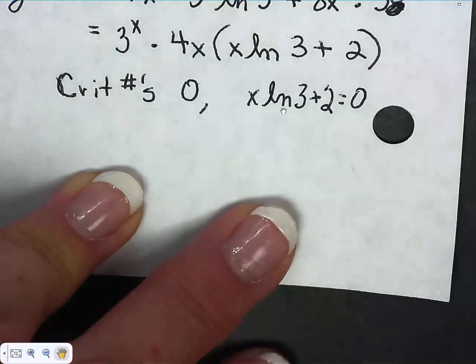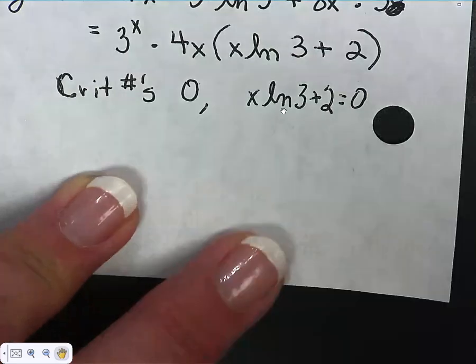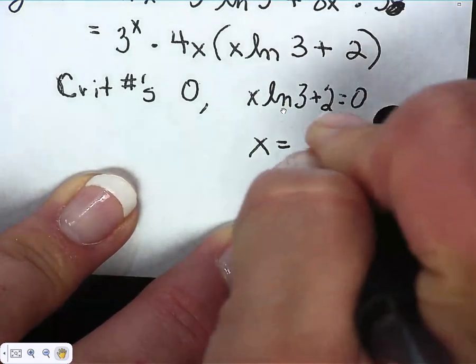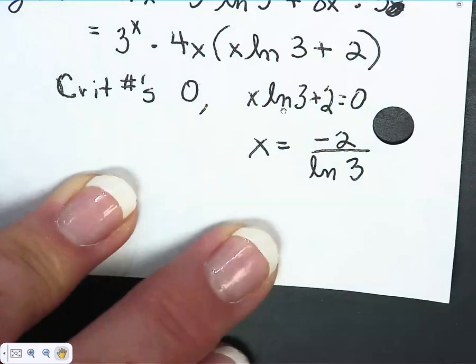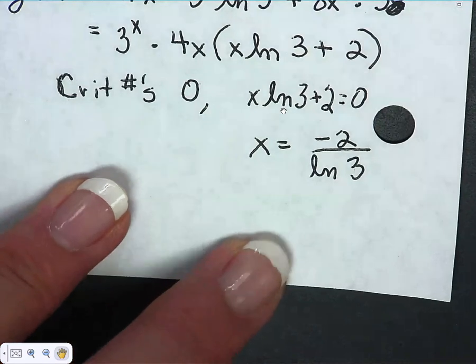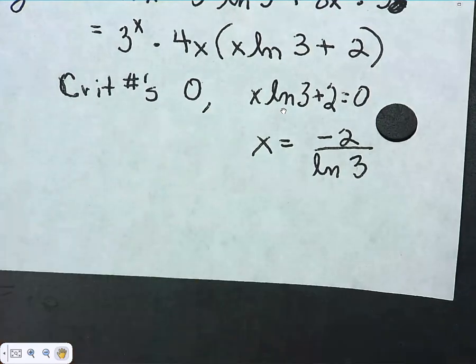Tell me what you're thinking, Sam. Subtract 2 and then divide by natural log of 3. Yeah. And if you want an exact answer, that's all I can do. If you want a decimal approximation because you're going to graph this thing, then punch it on the calculator. But as far as exact answers go, the 2 critical numbers are 0 and negative 2 over natural log of 3.